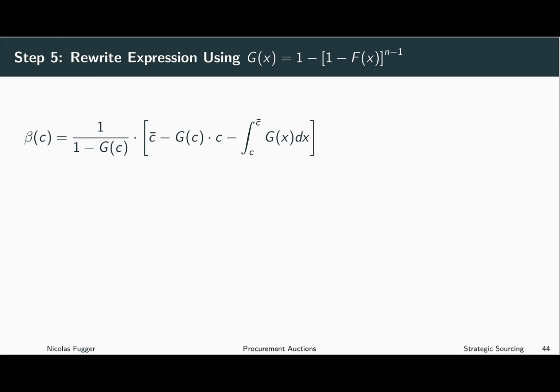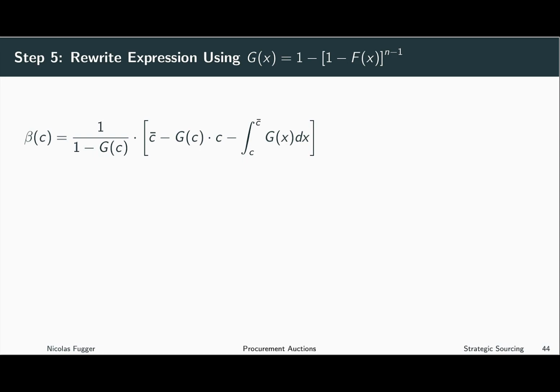Next, now we have the equilibrium bidding strategy as a function of the cost distribution of the strongest competitor. But now we want to express it in terms of the individual cost distribution functions. Okay?